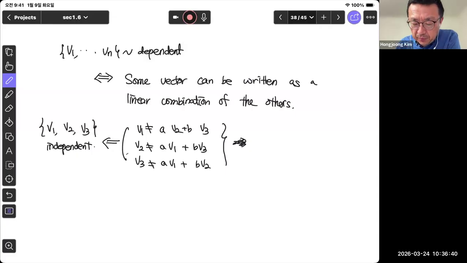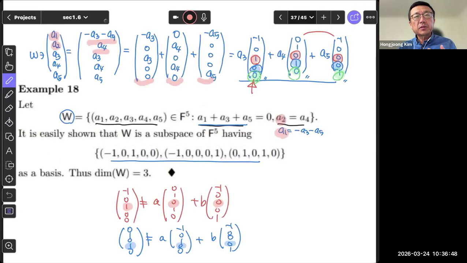Okay, so let me go back to the example. In this example, W is a certain subspace generated by these three vectors, because when I choose any arbitrary vector from W space, that vector is a linear combination of these three vectors, and these three vectors are linearly independent. So these three vectors will form a basis.